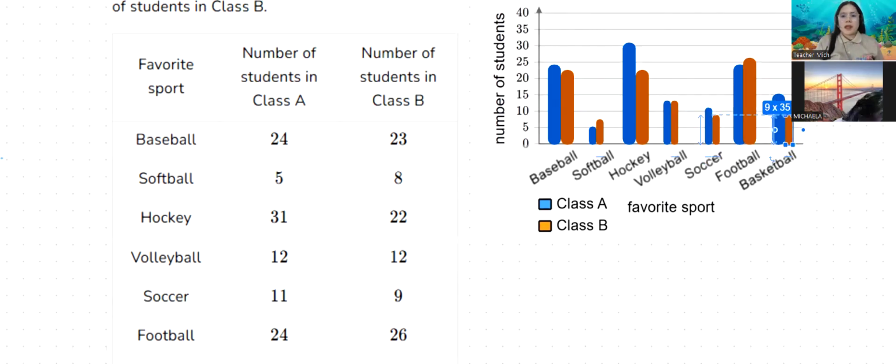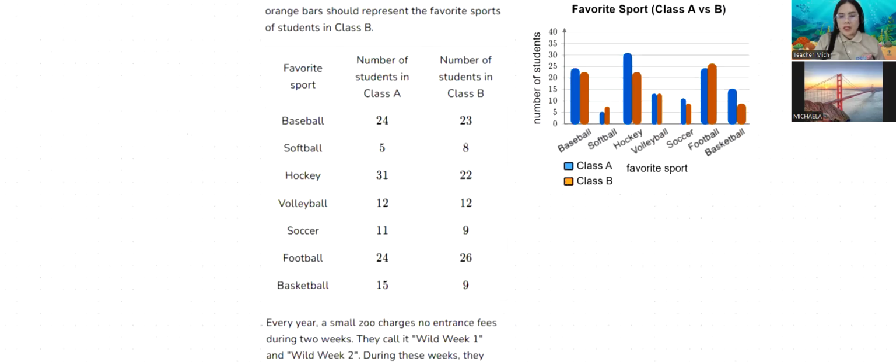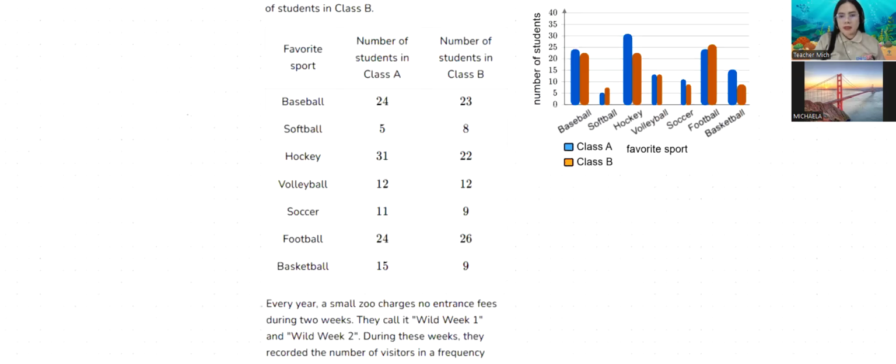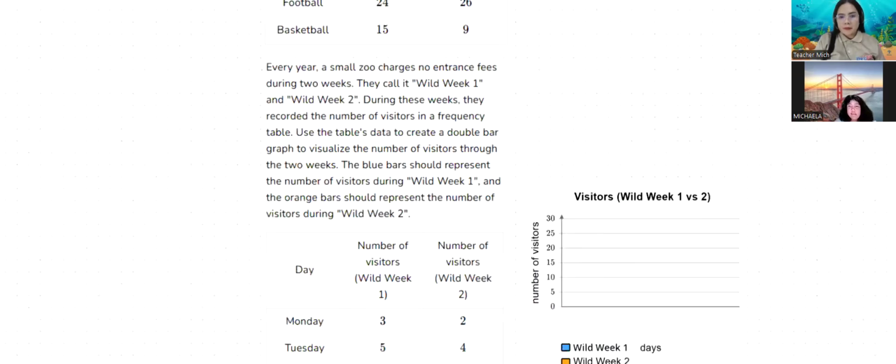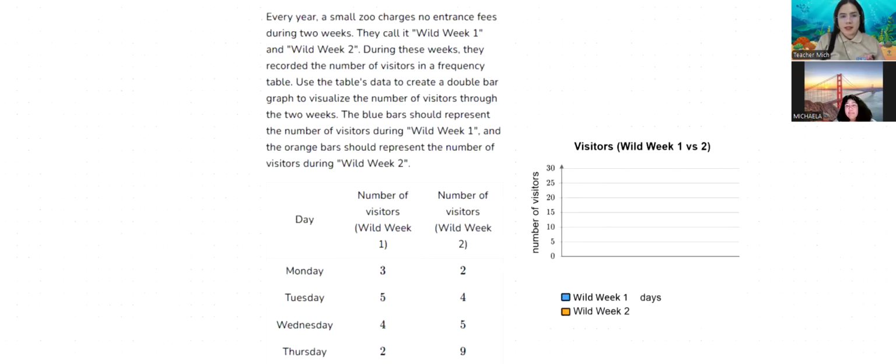Now, Michaela, this is how we do what we call the bar graph. So, can you try to make it on our next example? Yes. Okay, so this is our next example.